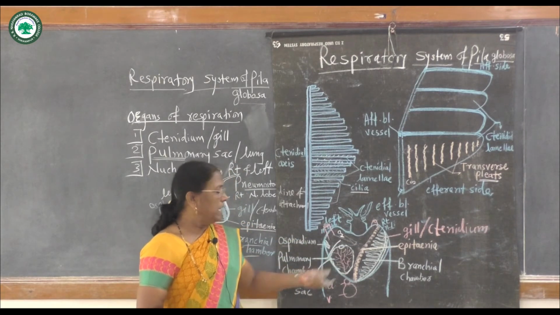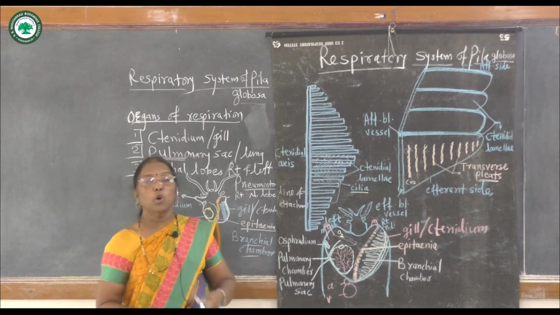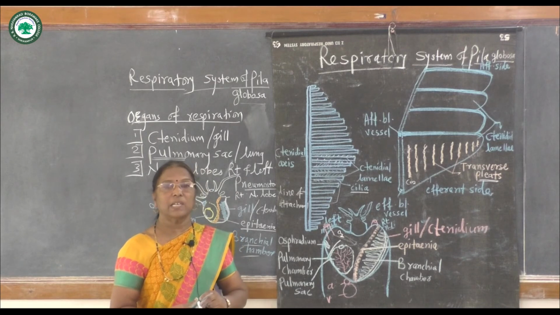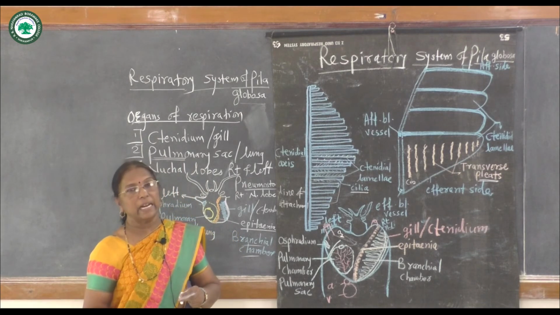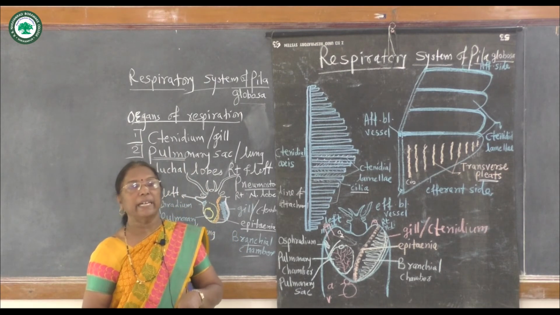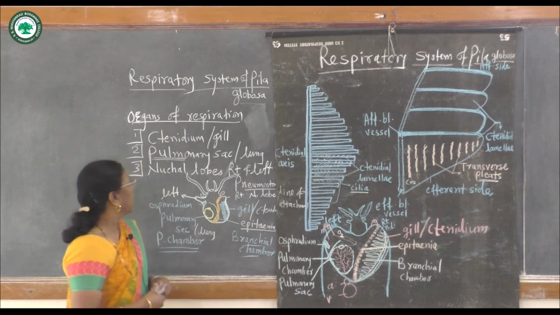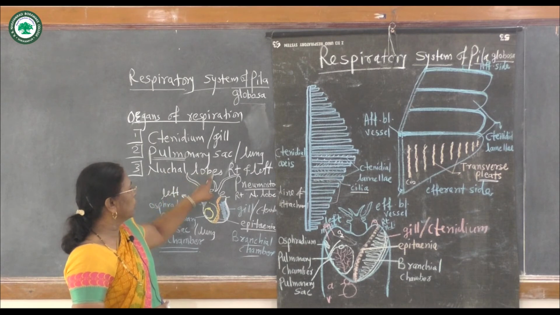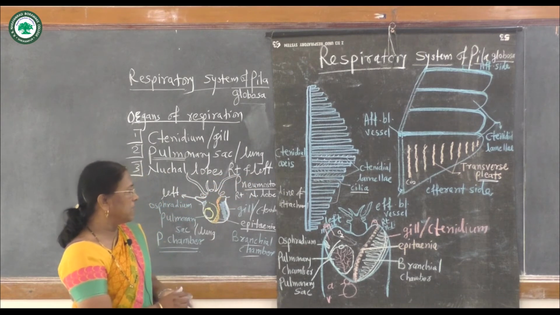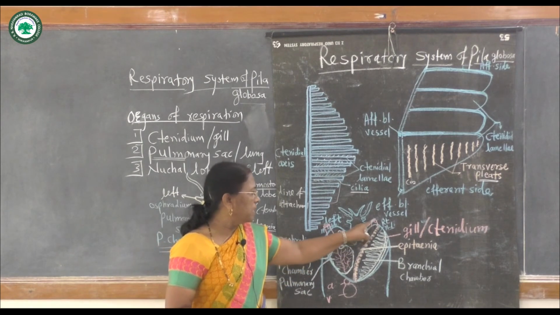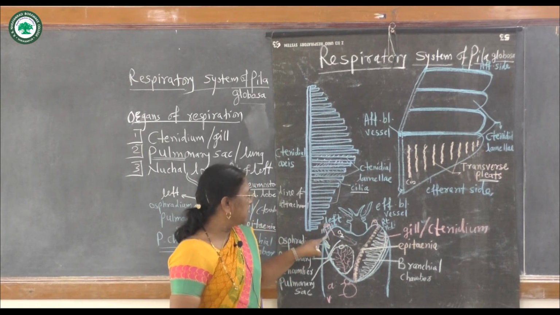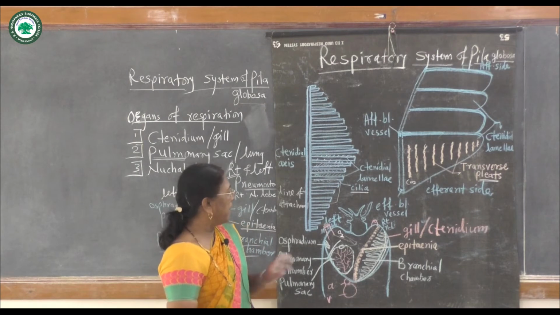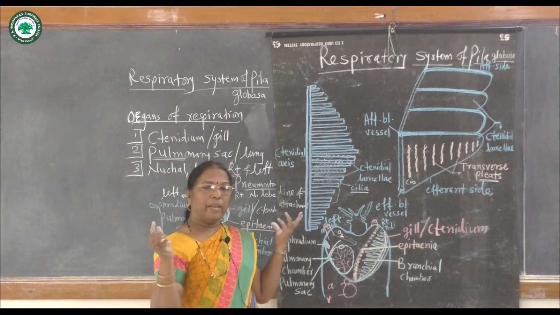This pulmonary sac shows alternate contraction and relaxation during aerial respiration. We will see it in detail later on. Then there are the nuchal lobes, right and left. We have seen that the right is small and the left is large, and during respiration they become rolled up and enlarged.